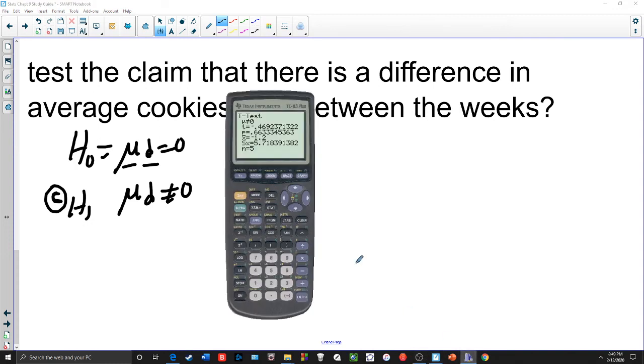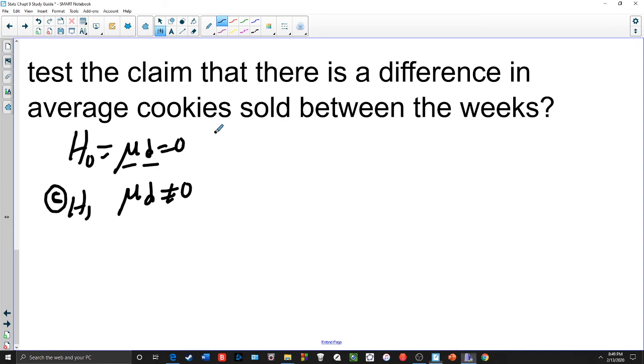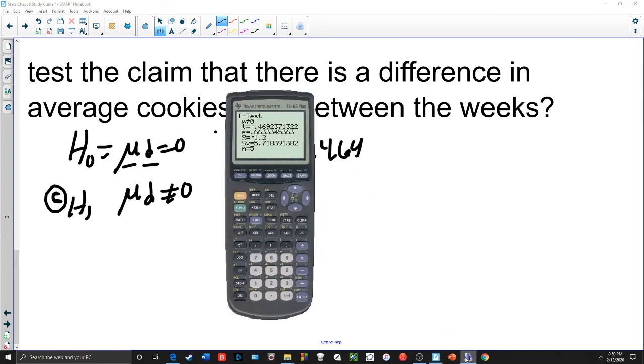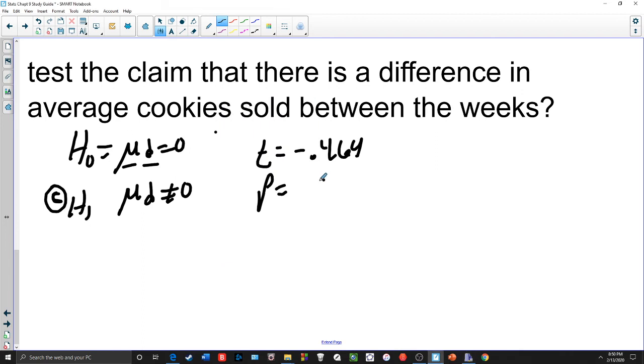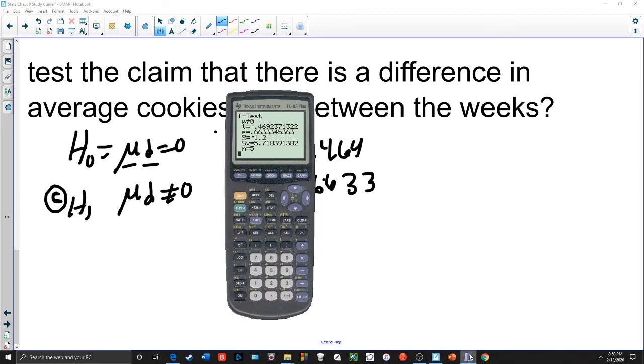So we look at our calculator screen. T is negative 0.469, and our P value is 0.6633, if I do it a little bit more accurately there.